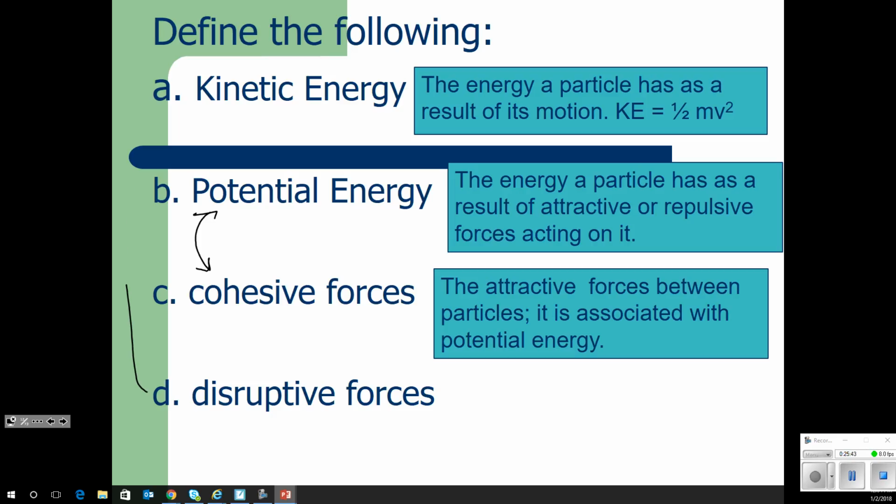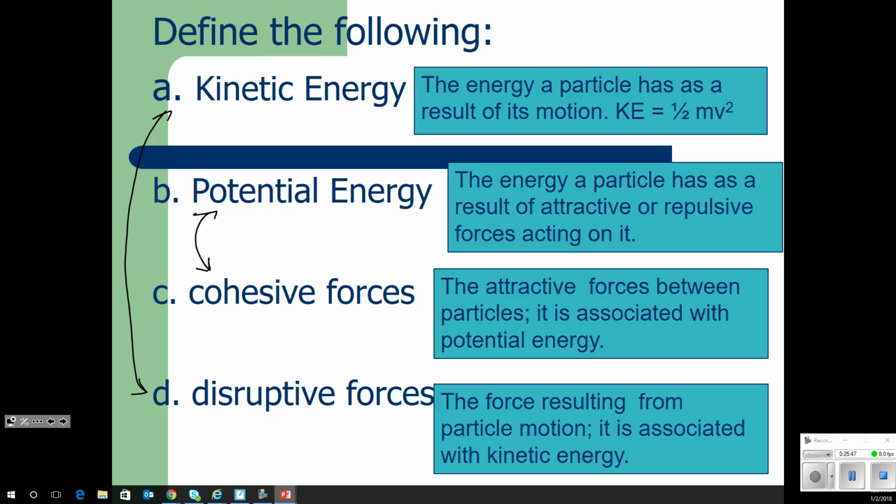Disruptive forces have to do with kinetic energy, and these are the forces that result from particle motion. So it's associated with how fast or how well I'm doing something. So we've got two things that go together: kinetic energy and disruptive forces, and potential energy and cohesive forces.